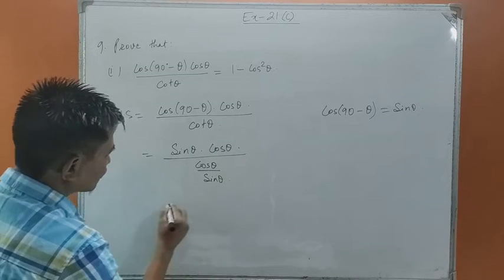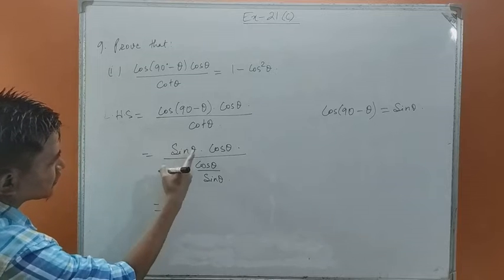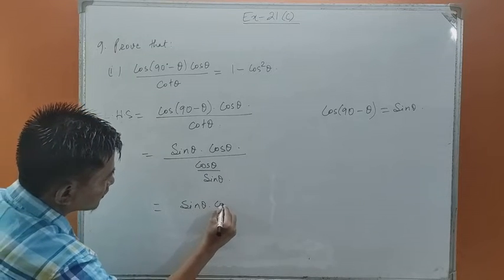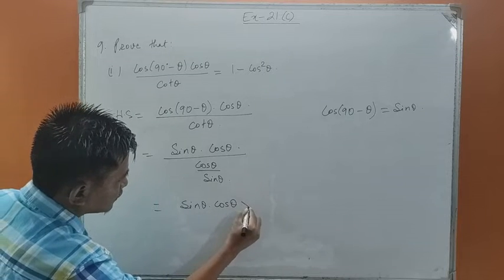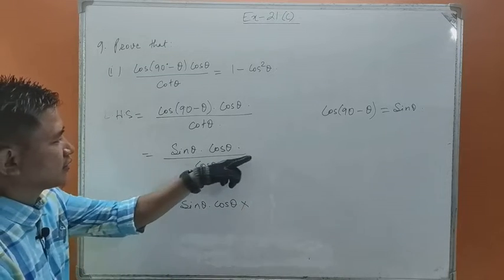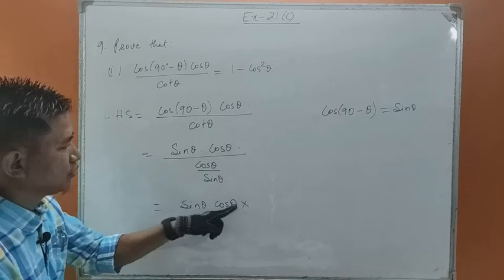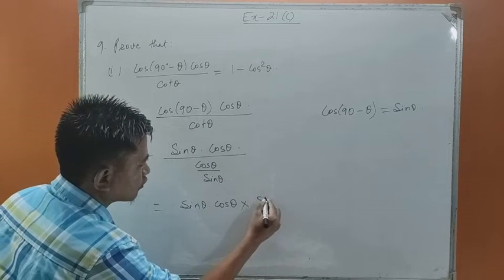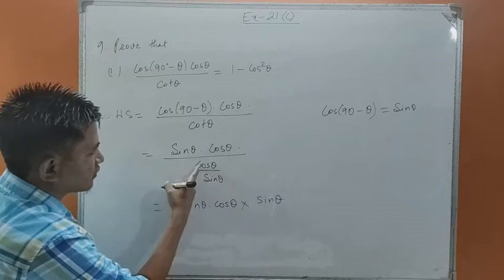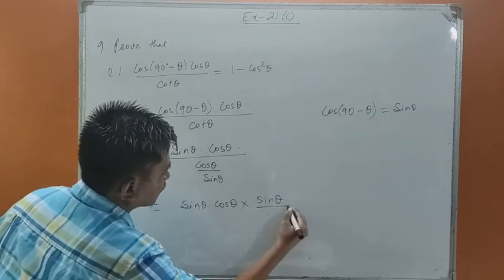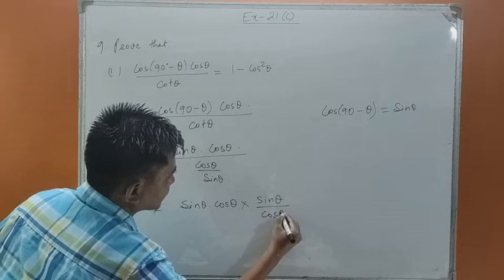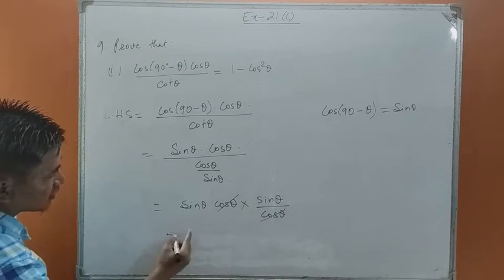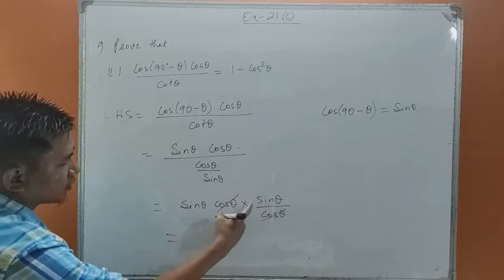So this means we have sin theta into cos theta in the numerator. So into, if I write this whole upon into, the number in the denominator goes to the numerator, that is sin theta goes to the numerator, and the number in the numerator comes down to the denominator, that is cos theta, isn't it? So this cos theta and cos theta cancel out. Sin theta into sin theta we have in the numerator now.